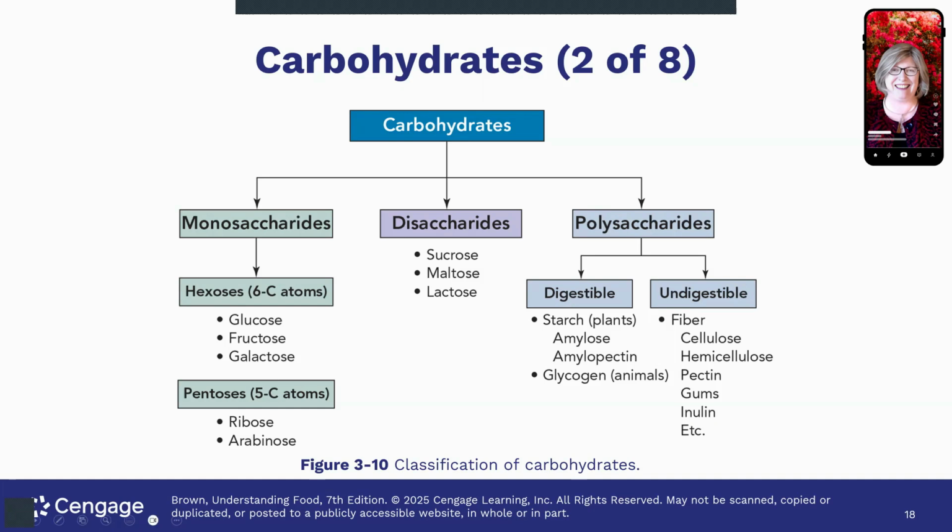But for food science, we just need to know that the simplest form of these carbohydrates would be glucose, fructose, and galactose, your monosaccharides, 1 unit, 6 carbon atoms. Your ribose and arabinose we'll talk about also. Those are 5 carbon atoms. Now, your disaccharides are various combinations of your monosaccharides, and we'll talk about that in the next slide.